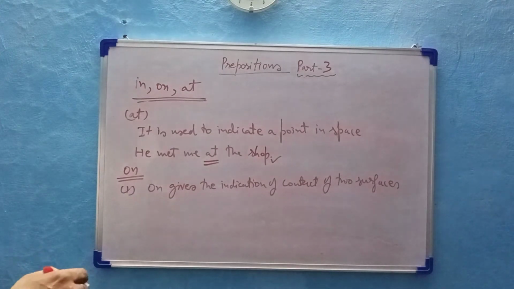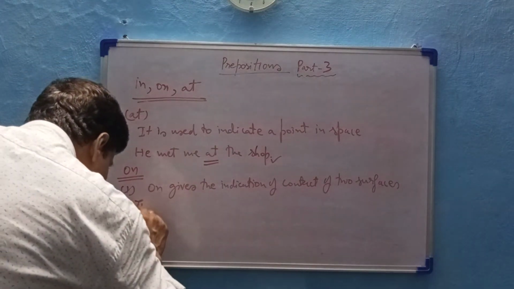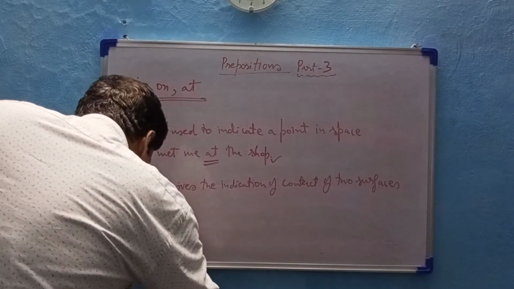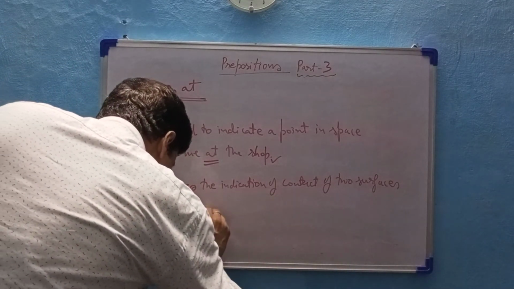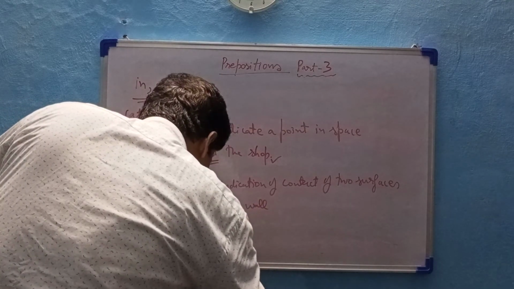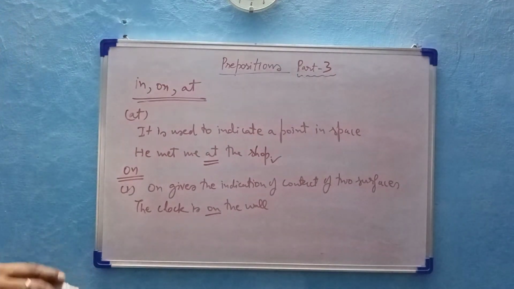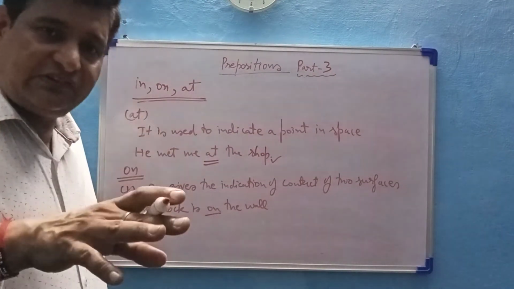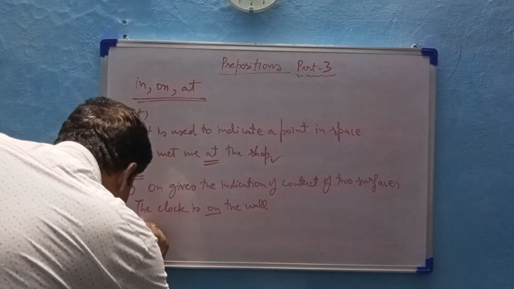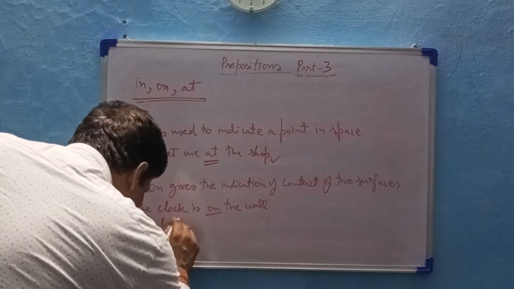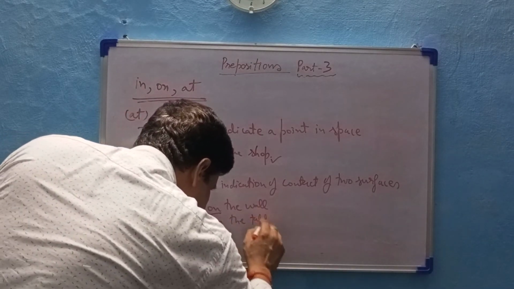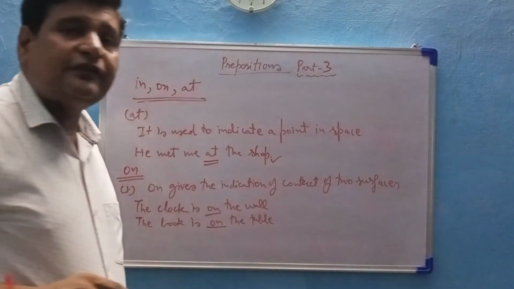For example, the clock is on the wall. The clock is on the wall, it simply means the clock is in touch with the wall. The book is on the table.